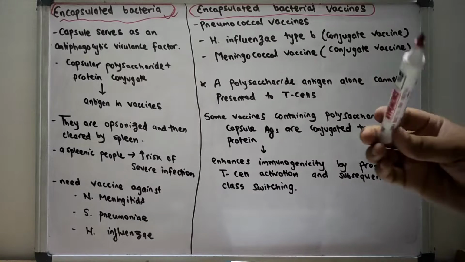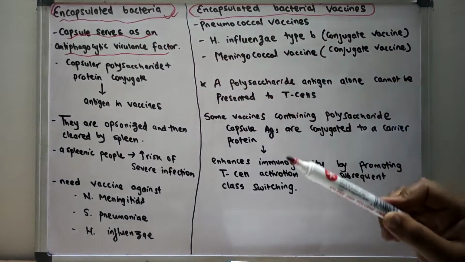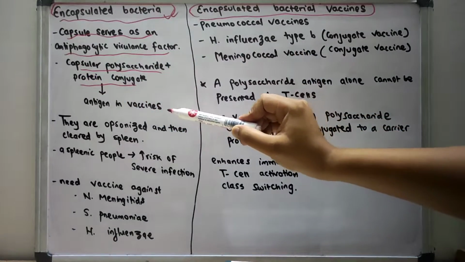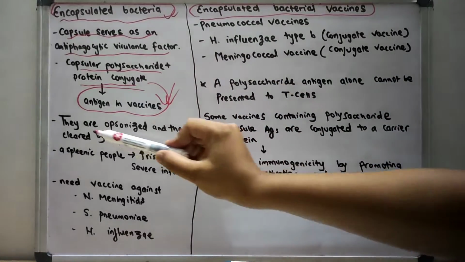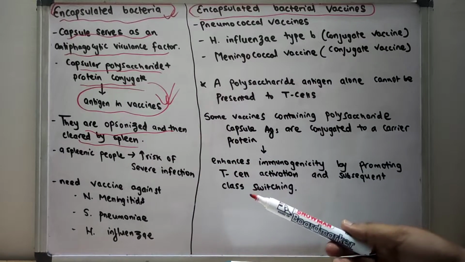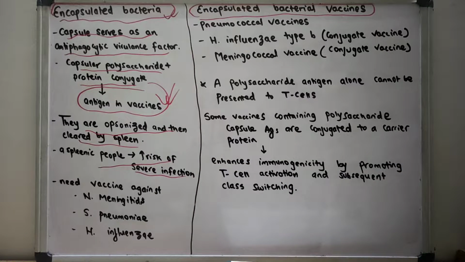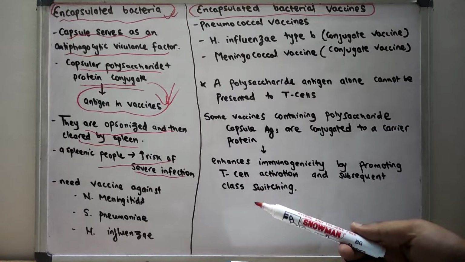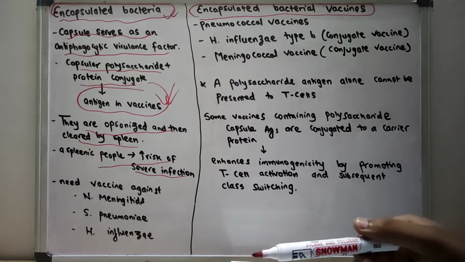The capsule in encapsulated bacteria serves as an antiphagocytic virulence factor. The capsular polysaccharide along with the protein conjugate gives antigenic properties in the vaccines. These bacteria are opsonized and cleared by the spleen, and people who do not have a spleen are at high risk of infection by encapsulated bacteria, because the spleen destroys the opsonized infected cells.